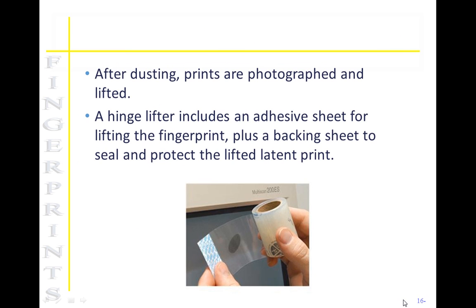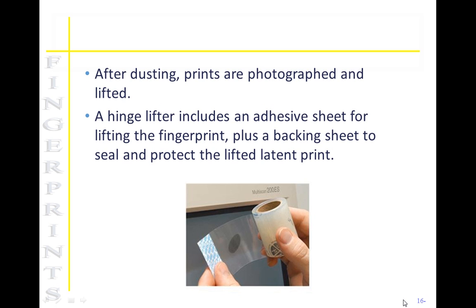So if we talk about lifting that actual print, after the print has been dusted, it's going to be visible, and first of all, it should be photographed. Then we can lift that print using a hinge lifter that includes an adhesive sheet which is attached to a backing sheet.